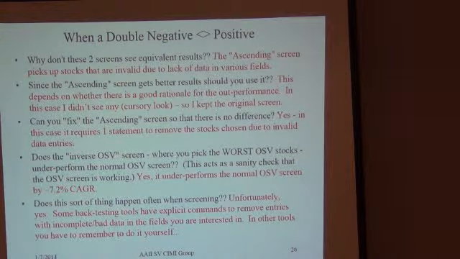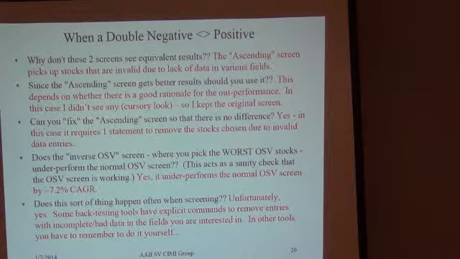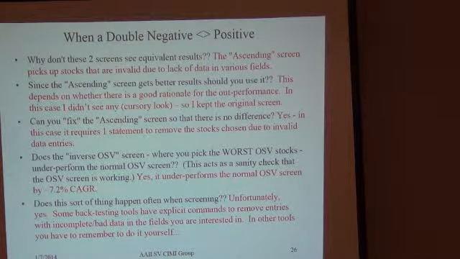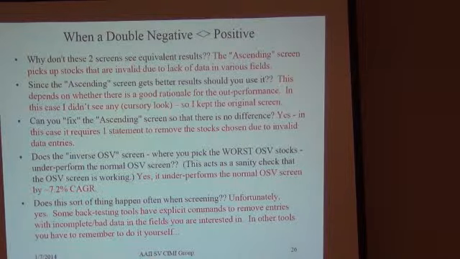Does the inverse OSV screen, when you pick the worst stocks, underperform the normal one? Yes, by about 7%. So it does work, i.e., the best OSV stocks are in fact significantly better than the worst OSV stocks. Does this sort of thing happen when screening? The answer is yes.